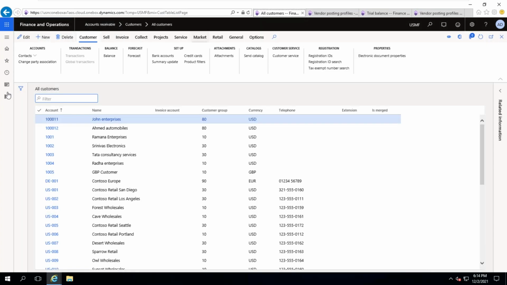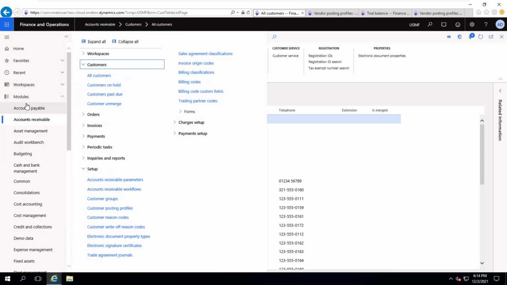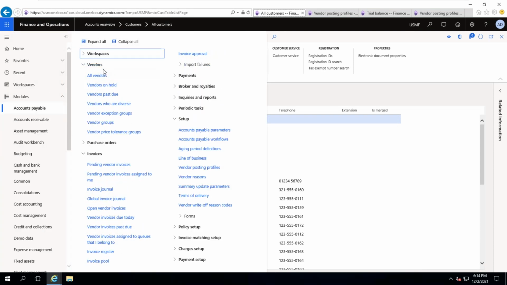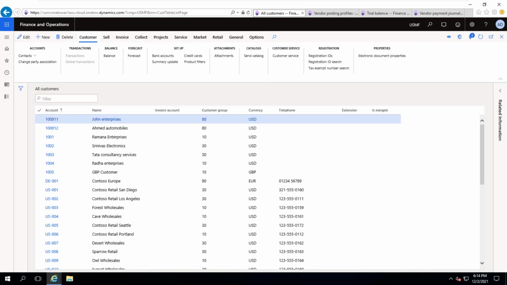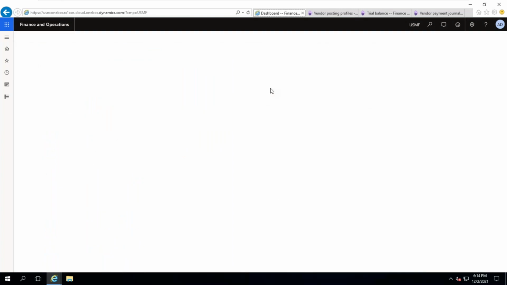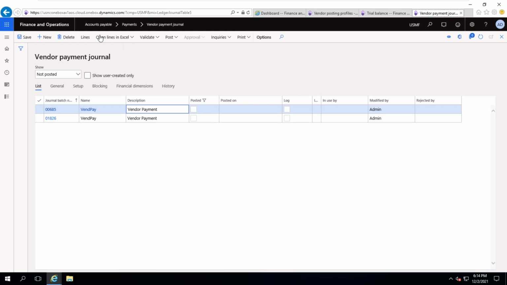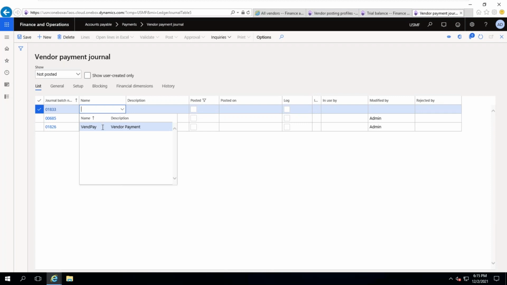I'm just opening this vendor master. Anything is fine, both sides same. So I'm doing the vendor payment journal. Click on new. Select the vendor payment journal. Go to lines.